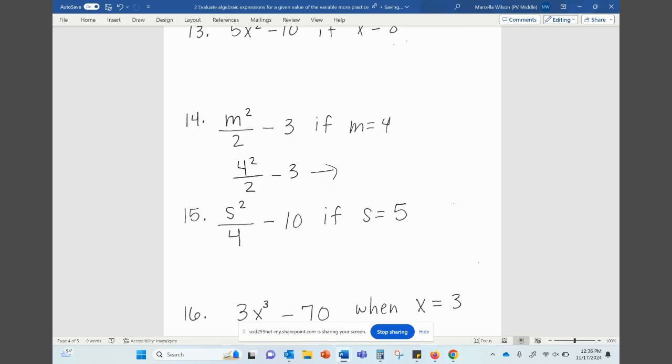So 4 times 4, because that's what the little exponent means. 4 times 4 is 16. 16 over 2. And then 16 divided by 2 is 8. Minus 3 equals 5.